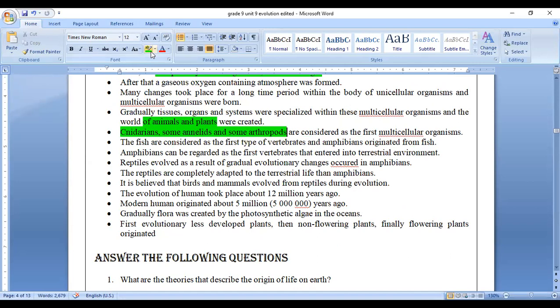The fishes won't come. They were not the first multicellular organisms. Later only they came. Fishes are coming in the next level. These ones are invertebrates. After the evolution of invertebrates, only vertebrates evolved.